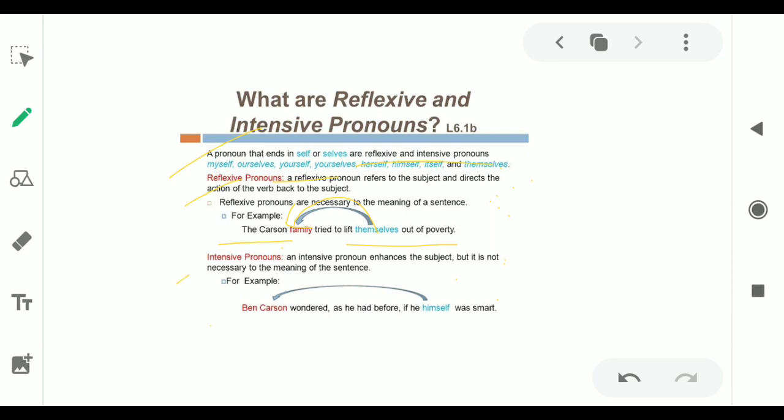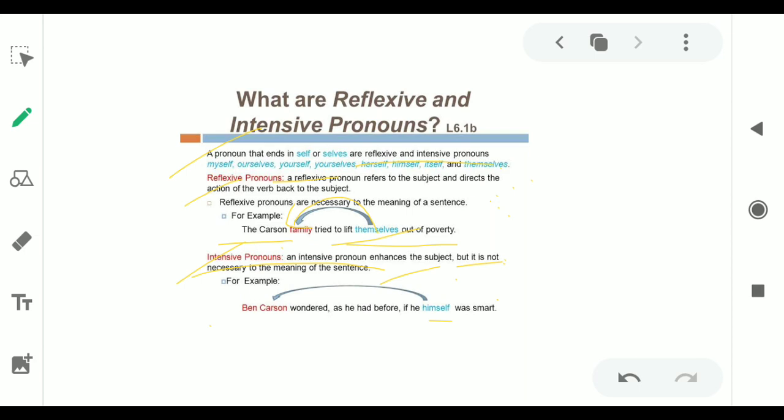Now, an intensive pronoun enhances the subject, or you can say an emphatic pronoun is used to lay emphasis, but it is not necessary to the meaning of the sentence. If you remove it, the sense of the sentence will still be correct, but when you remove "themselves" from the sentence, the meaning will be different.